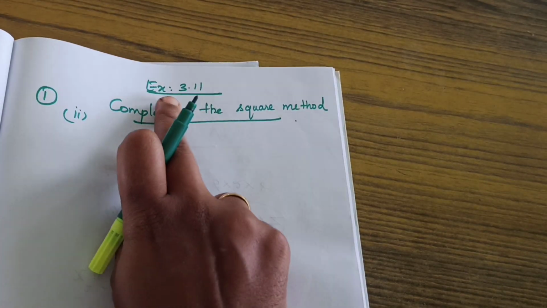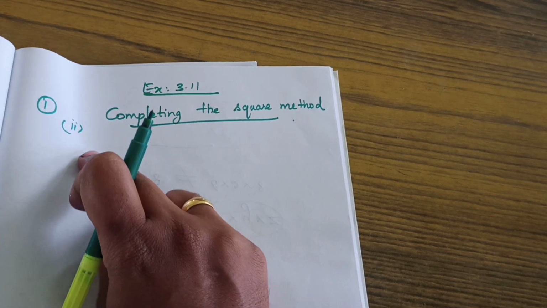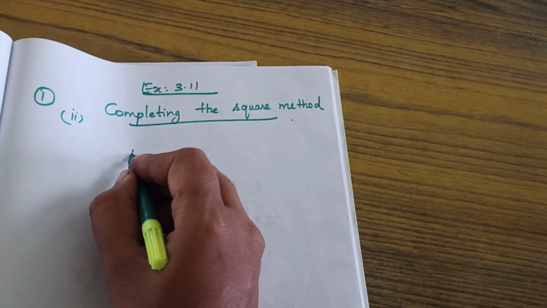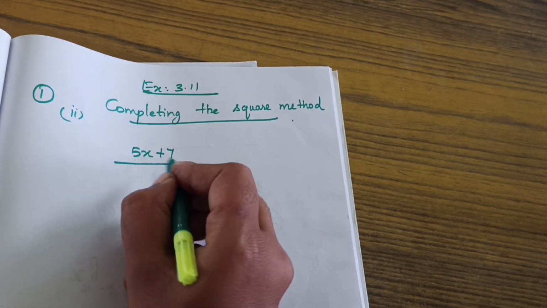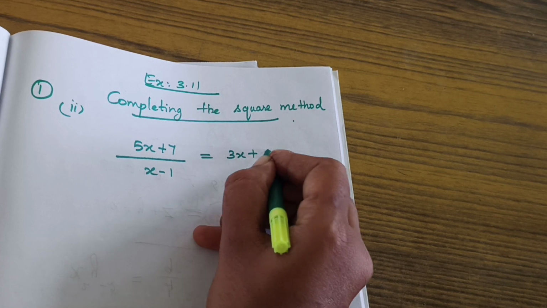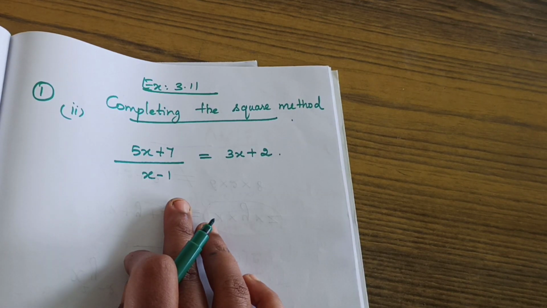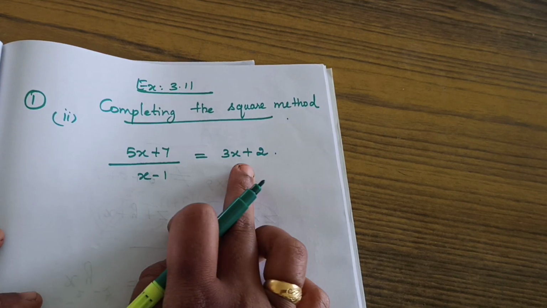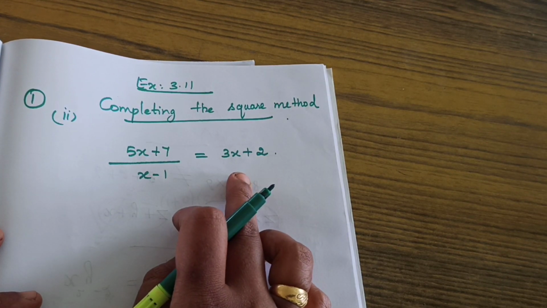Okay dear students, listen, exercise 3.11, first Roman, second problem. First problem homework, now second problem. 5x plus 7 divided by x minus 1, which is equal to 3x plus 2. For completing the square method, first you need to check whether the given equation is in standard form. Here, this is not in standard form. Shall we convert into standard form now?